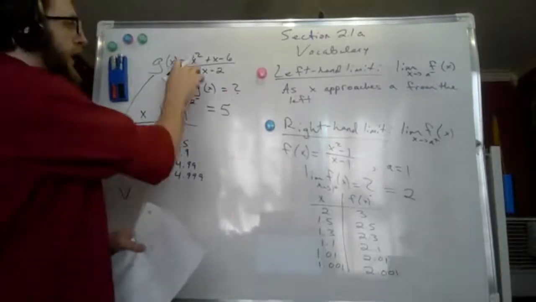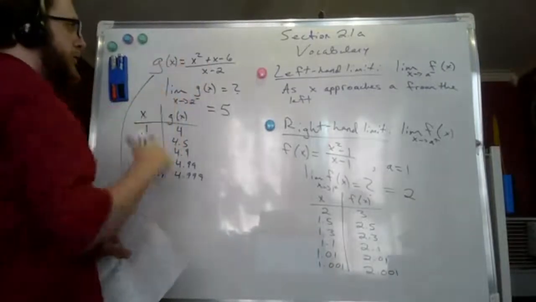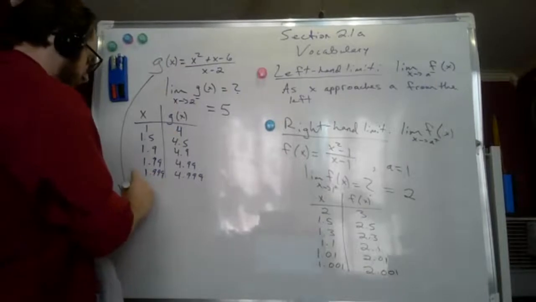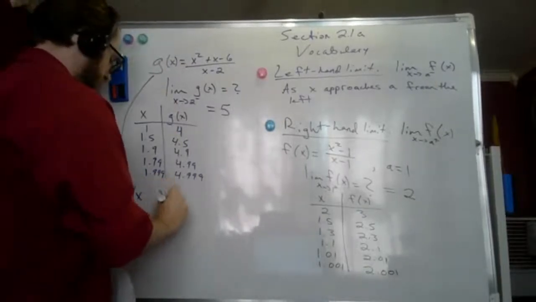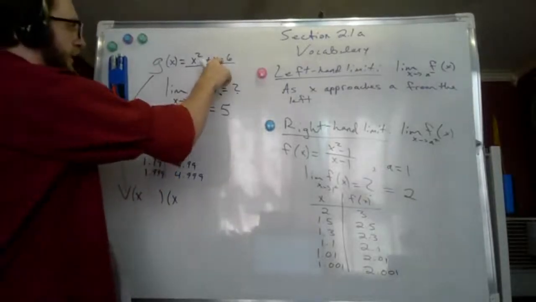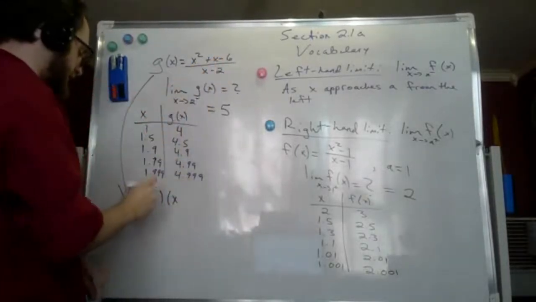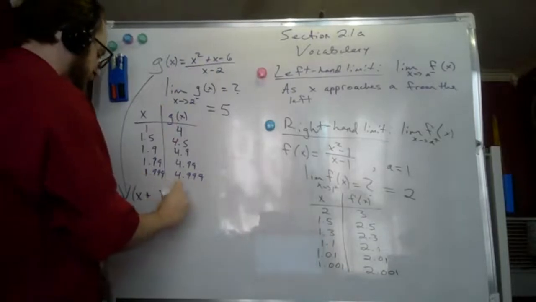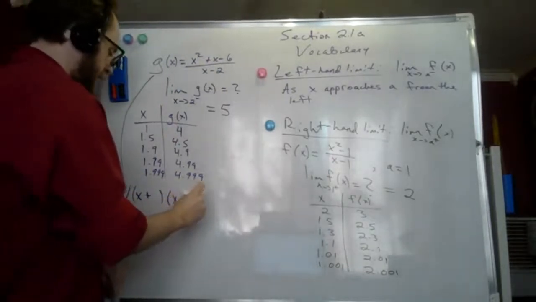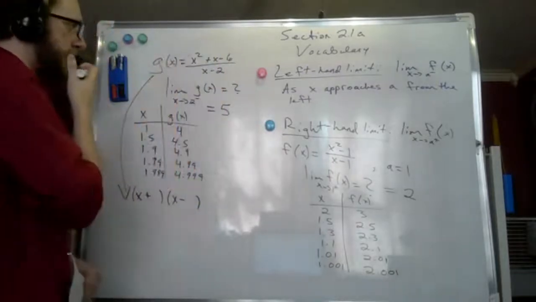In order to graph this, we'd like to be able to factor the numerator. So, okay, let's try factoring that. We're going to have an x times something with an x. We can see that we've got a negative sign on the 6, so we're going to have opposite signs. And then the numbers on the right side are going to have to be factors of 6.